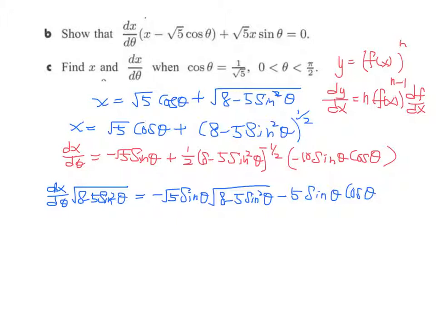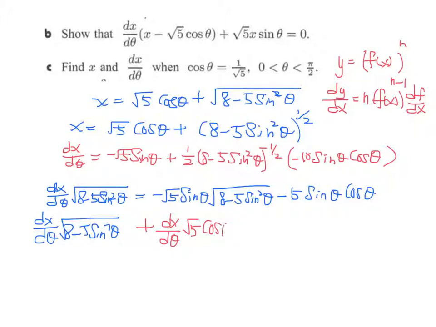So what we're going to do is add. Let's start with this one. Please copy this again. So it's going to be 8 minus 5 sine squared theta, but because we want to see the dx d theta of x, remember our goal, we just force this into the expression by adding dx d theta, and what is lacking to form the x is the root 5 cosine theta, so we add dx d theta root 5 cos theta.